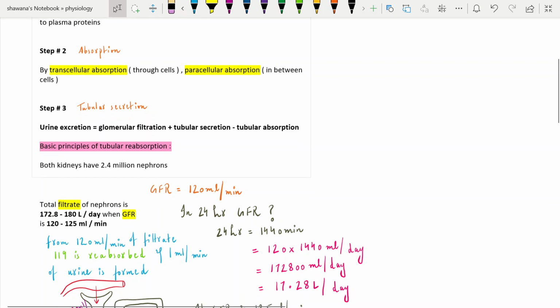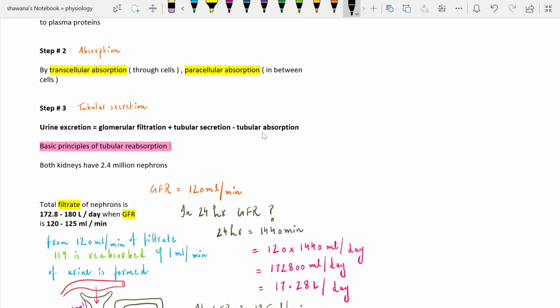The third step in urine formation is tubular secretion. It means that many substances, for example drugs, potassium, etc., which we'll discuss later, are secreted actively from the tubules into the nephrons. These three steps collectively form our final urine.